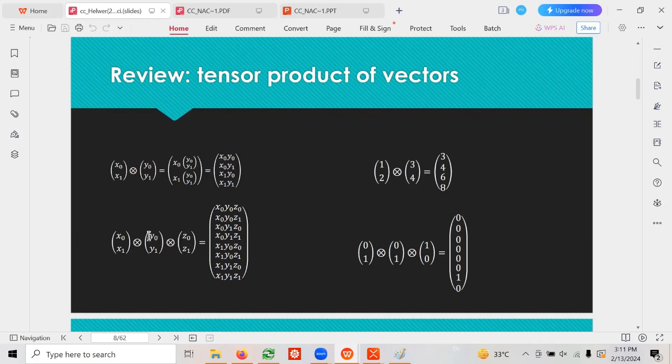So this one times this one, and I get 4. And I get this one times the 4 of them. Can you see this? Right. Now, this is how the tensor product works in linear algebra.